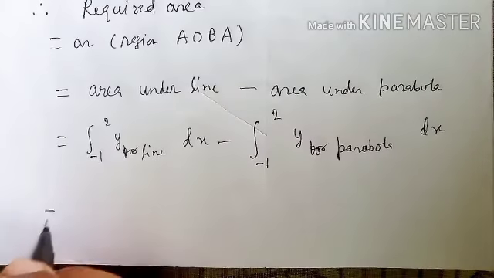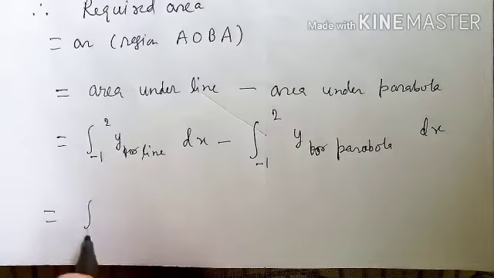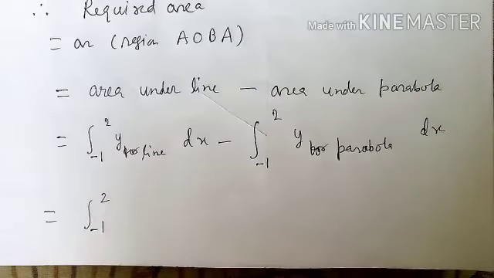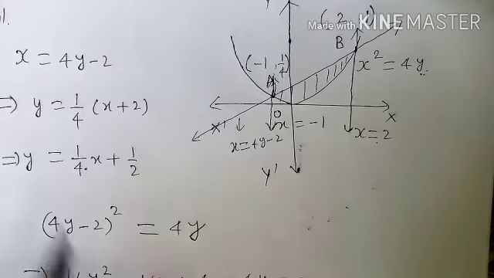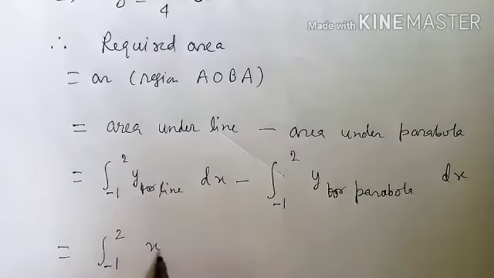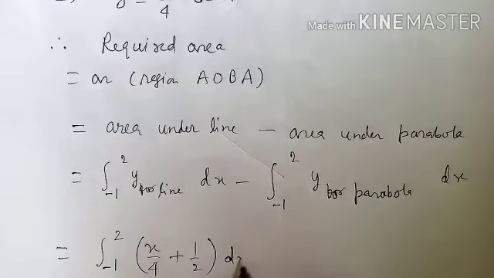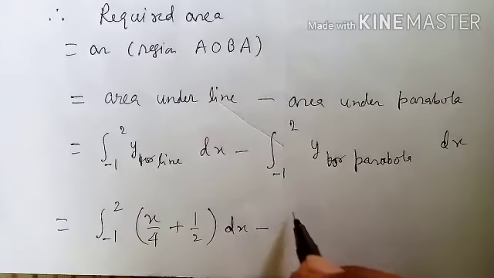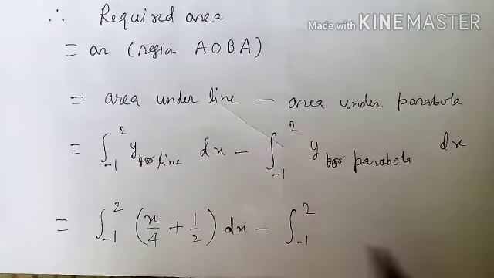Now y for the line: here x is equal to 4y minus 2. From here we have y is equal to 1 by 4 x plus 1 by 2. So the integral of x by 4 plus 1 by 2 dx, minus integral from 1 to 2... y for the parabola.